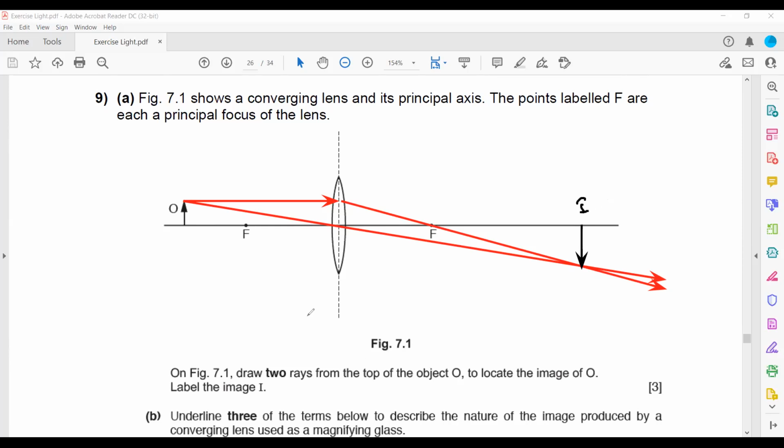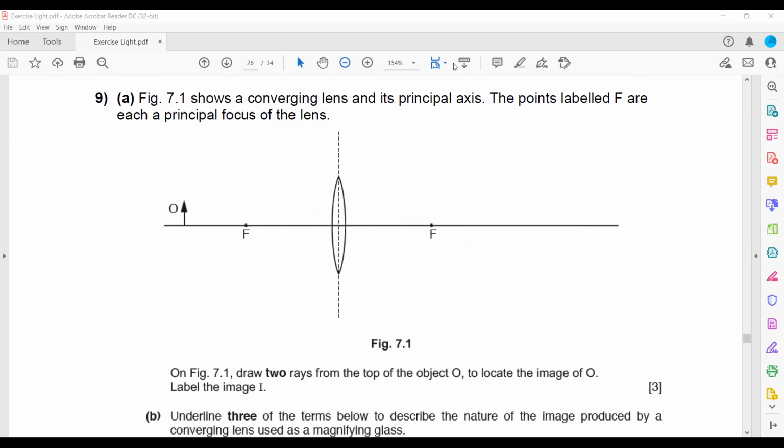Is it clear how the image is formed by this convex lens? So first the parallel light ray. There's also another way: you can consider one through the focus. If it is passing through the focus till the lens, but you always have to take it from the tip of the object, it will pass straight.